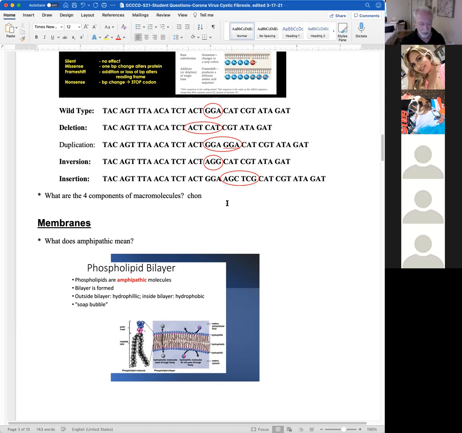Patrick Dowell here. Uh-huh. Carbon, hydrogen, oxygen, nitrogen. Right. The acronym is CHON, C-H-O-N. Yeah, those are the main components of macromolecules.